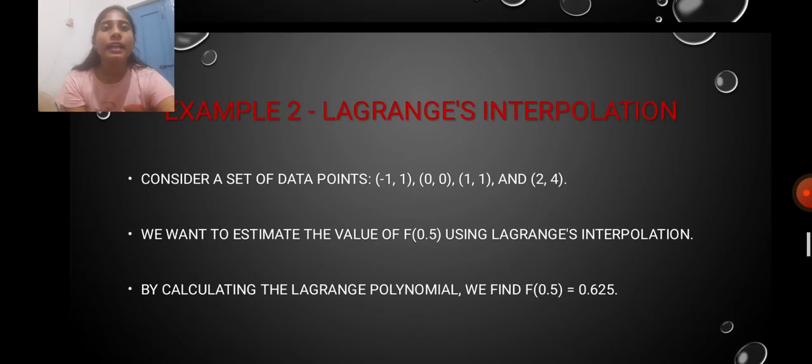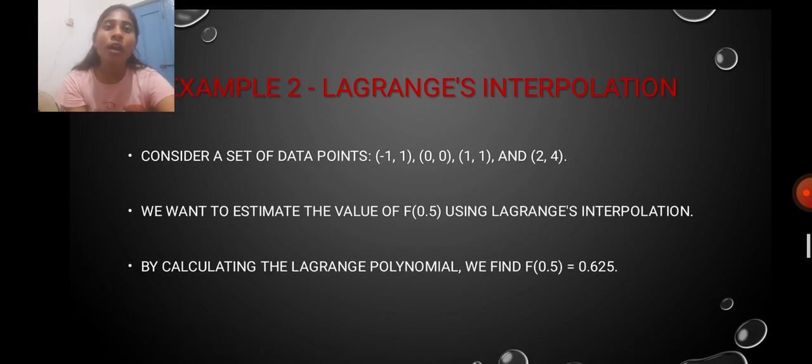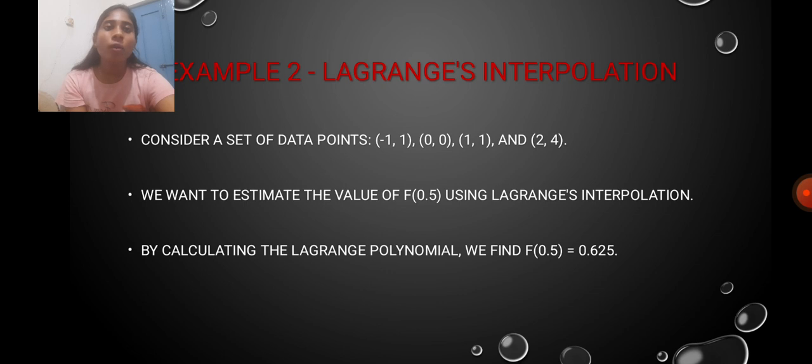Similarly, the second example. Now, let's consider the data points as (-1, 1), (0, 0), (1, 1) and (2, 4). We want to establish the value of f(0.5) using Lagrange's interpolation. By calculating the Lagrange polynomial, we find f(0.5) equals 0.625.